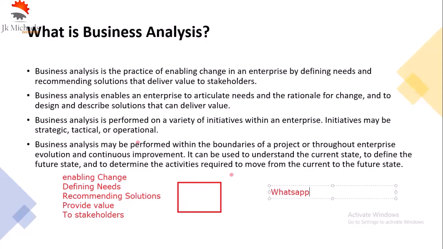And how we did that was through enterprise evolution, through continuous improvement, both of which will require business analysis, right? So you can perform business analysis work to be able to succeed in a project and make sure that project delivers business value. Or you can also use that to continuously evolve, right? And to determine what activities you need to move from the current state to the future state.